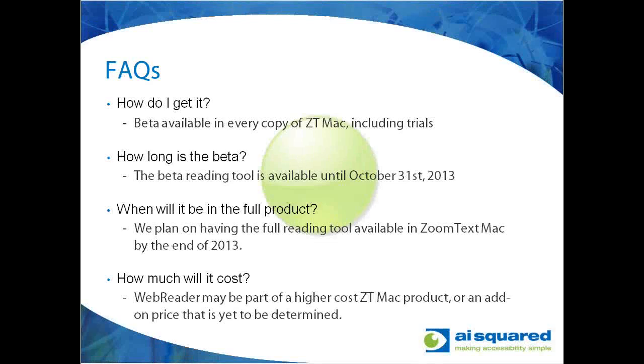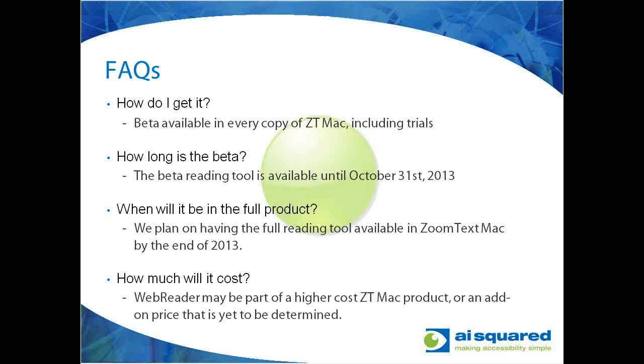When is it going to be integrated into the full product? Right now, we plan on having a full reading tool available in ZoomText Mac by the end of this year. That's our target right now. And you may recall me at the beginning saying that this will be an additional cost. We're still evaluating how we will charge for reading support on the ZoomText Mac product.